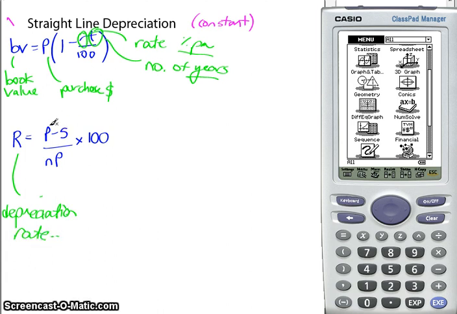We've introduced this different variable here, S. This is what we call the scrap value. That's what it's worth at the end of its usable life. P here is still the purchase price and number of years. So those values still stay the same.